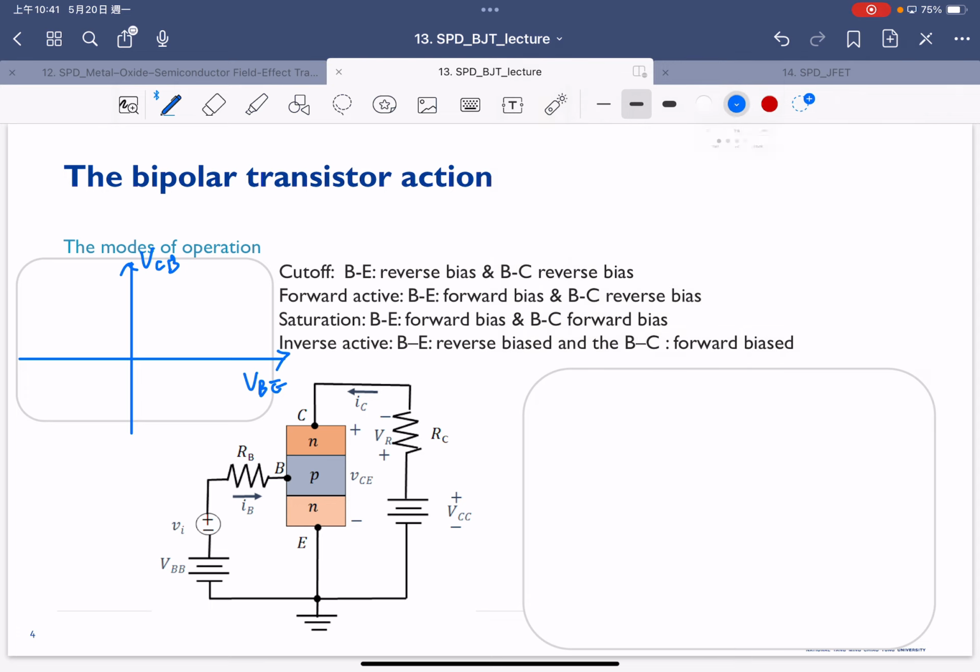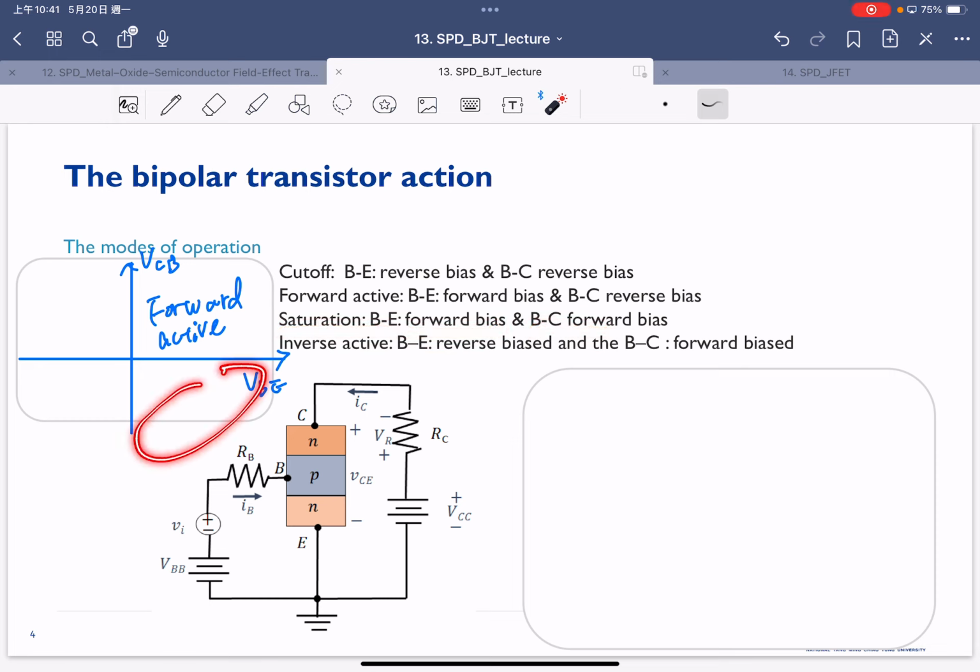This is forward bias, or forward active. On the other hand, another very interesting one is where both BE and BC are forward biased, which will be in this part.